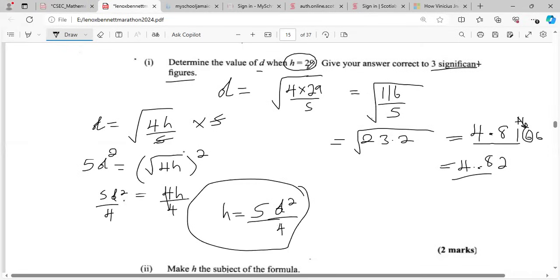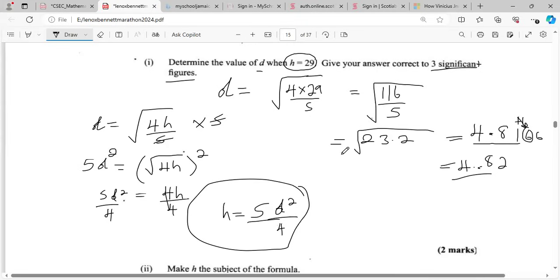So sir, 4H square is equal to 4H? 4H squared. Yes, sir, because here you have the square root of 4H, and the opposite of square root is square.